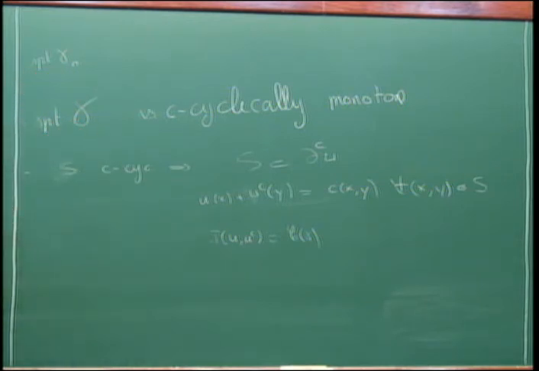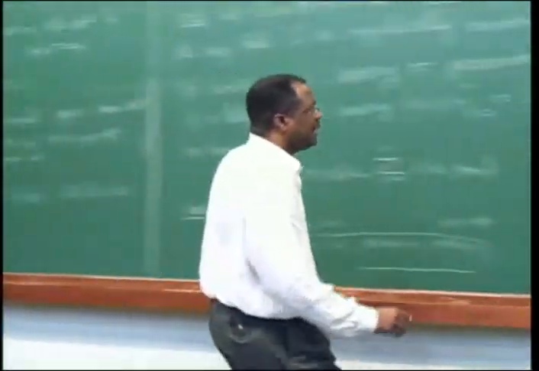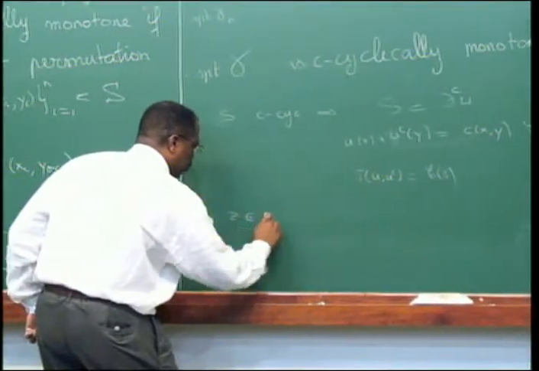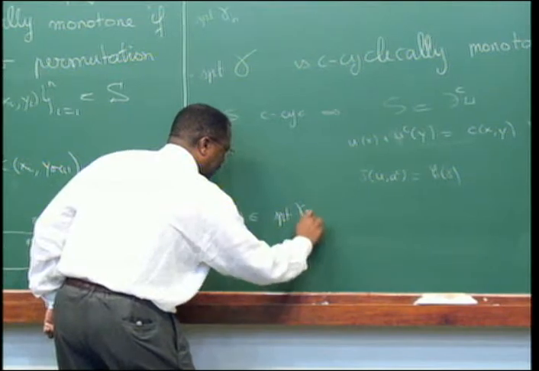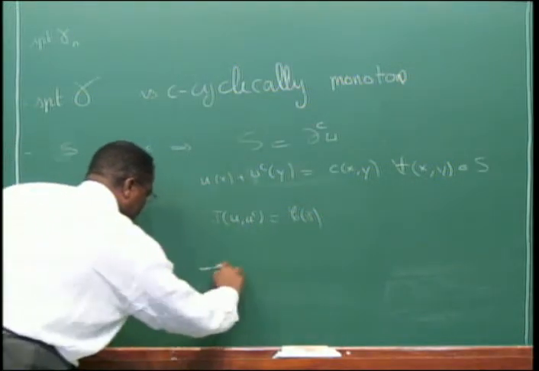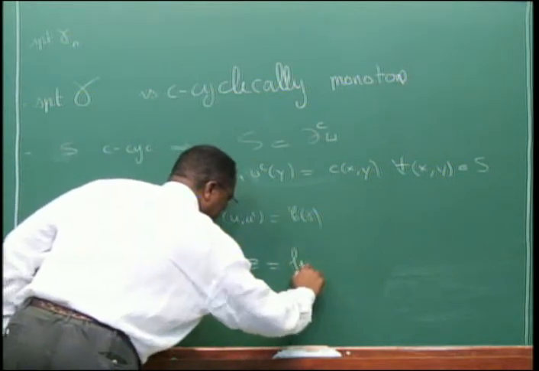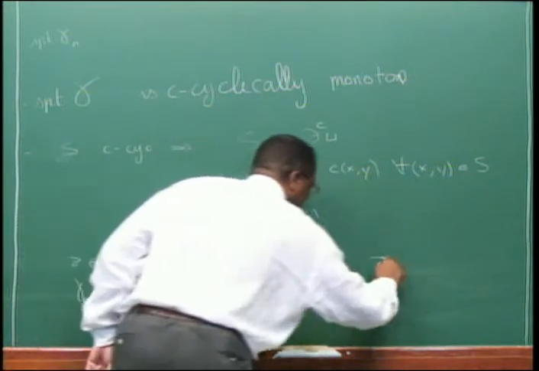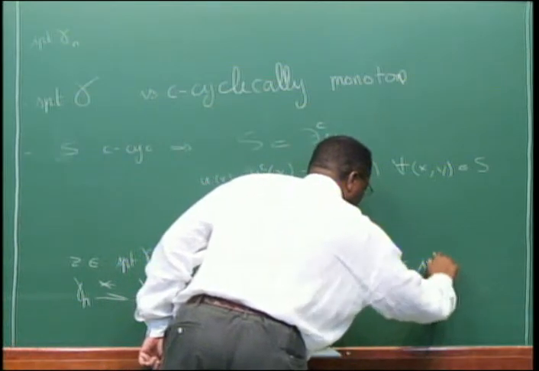In homework problem number 1, you were asked to show that if gamma n converges weak-star to gamma and z belongs to the support of gamma, then z is a limit of z_n, where z_n is in the support of gamma n.